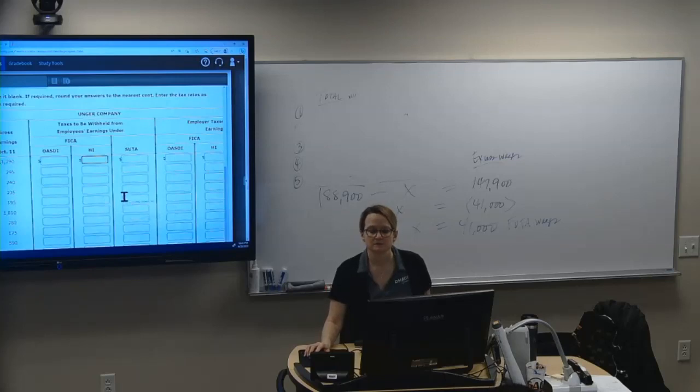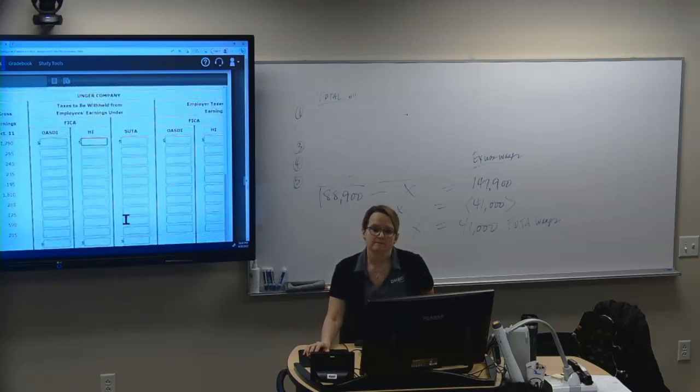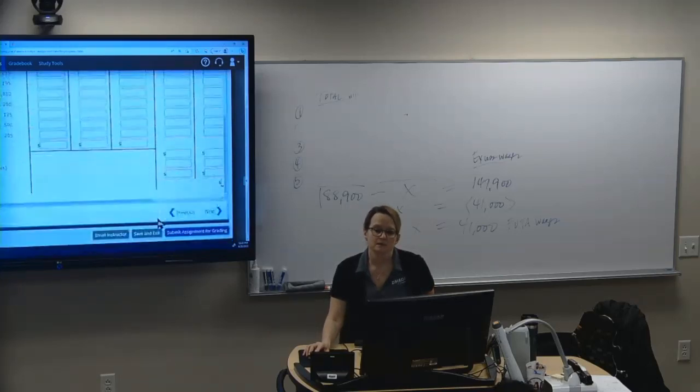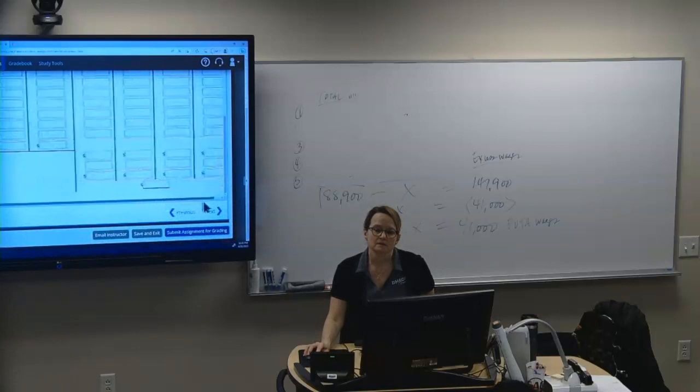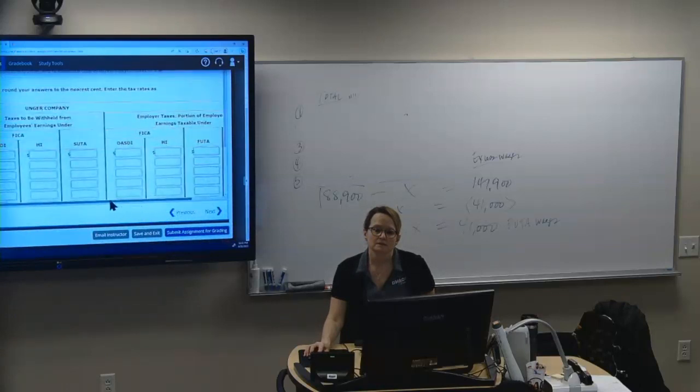All right, so I got all the employees' information. It's when I get over to the employer's portion that any number I put over there is giving me a wrong answer. So like, for instance, the first one is 2596 in HI, which should be 2596 in the employer's portion, but it's saying it's wrong.